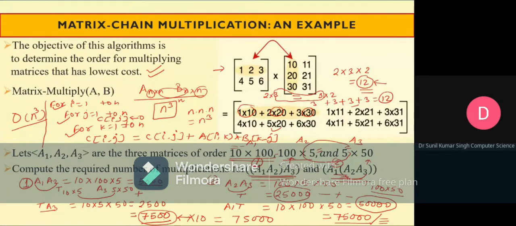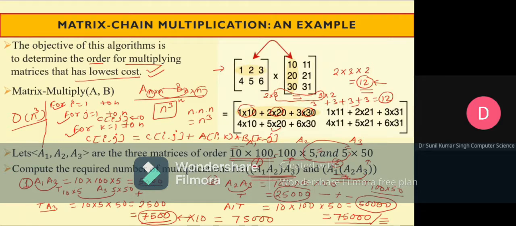So what is the objective of this matrix chain multiplication problem? We have to find out the optimal sequence. The objective of this algorithm is to determine the order for multiplying. That means in which order matrices will be multiplied so that it will incur the lowest cost.